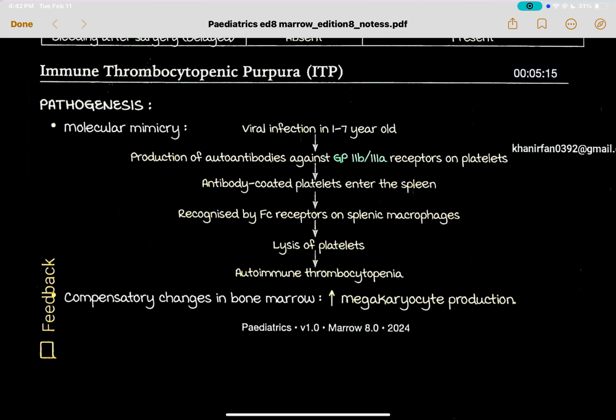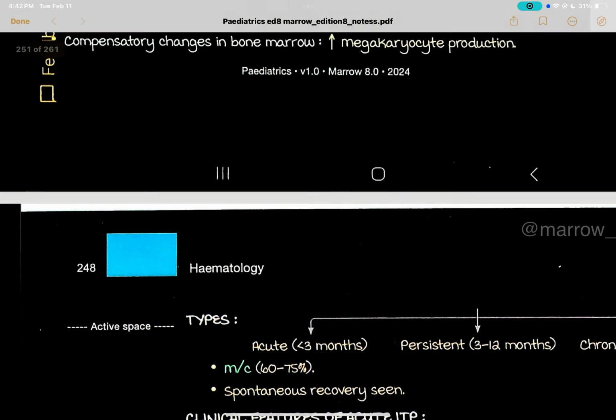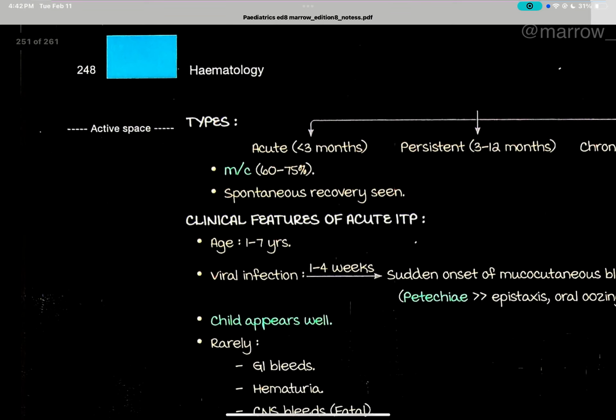This causes lysis of platelets and autoimmune thrombocytopenia. Compensatory changes in bone marrow: increased megakaryocytosis.